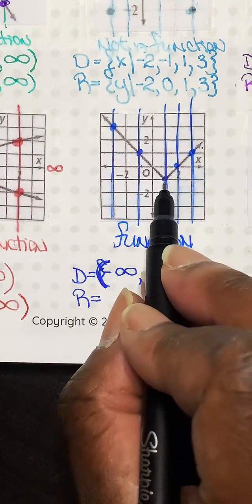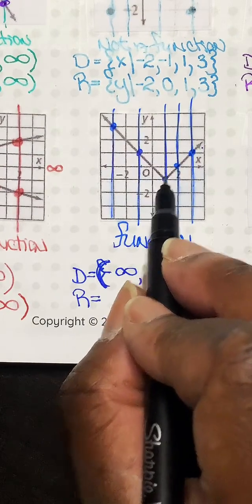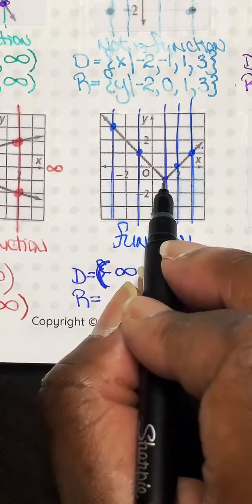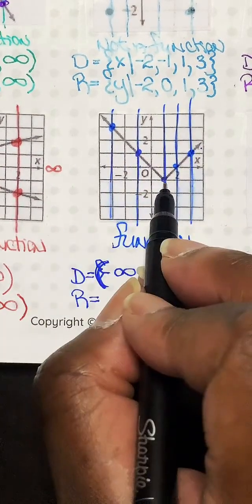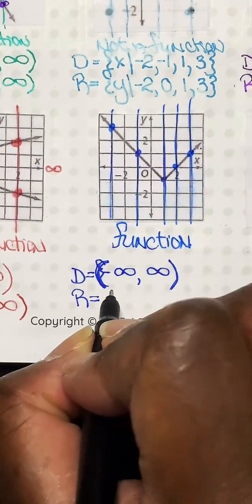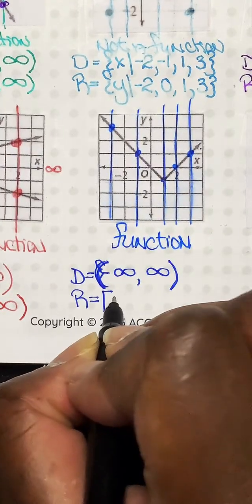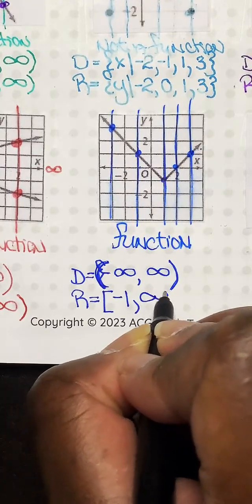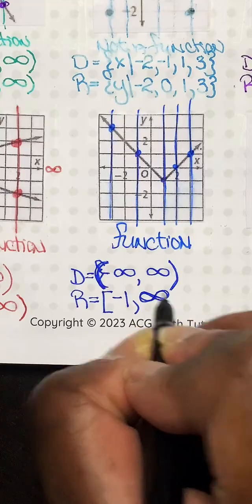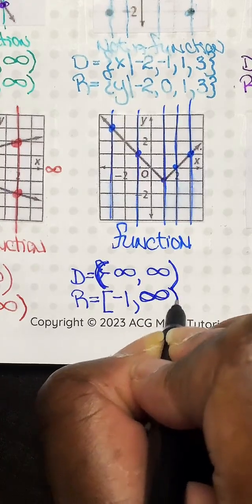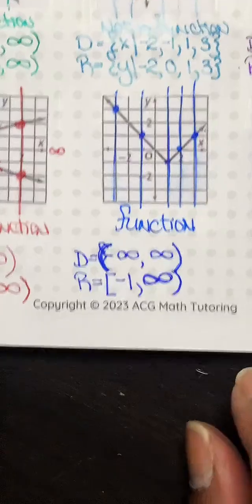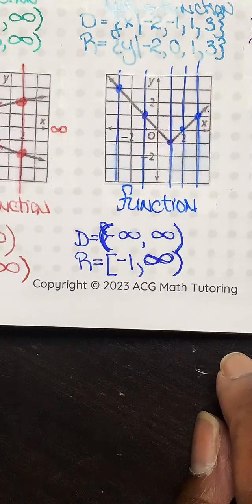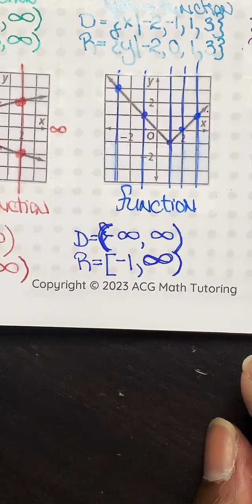Since this is not an open circle, it's continuous. It doesn't even stop. So that means it's including that point at -1, and you're going all the way to positive infinity. The infinity signs always get a parenthesis because parentheses mean unbounded.